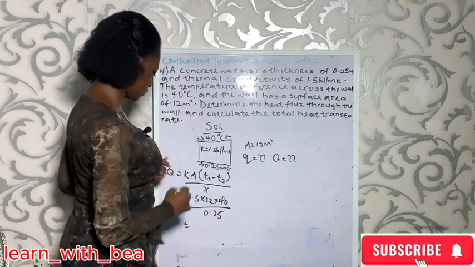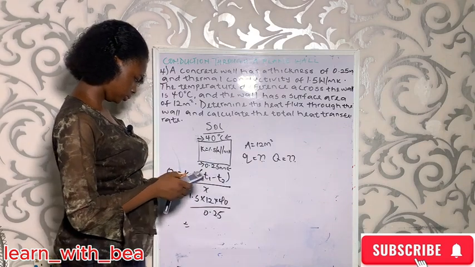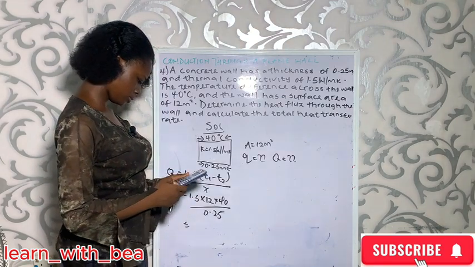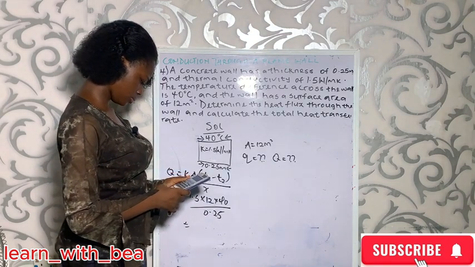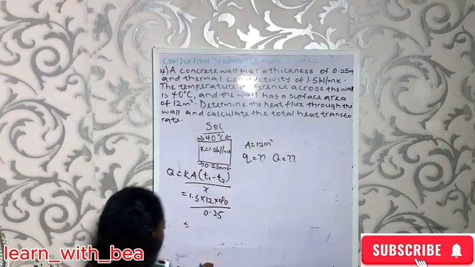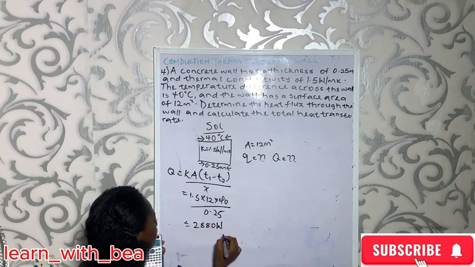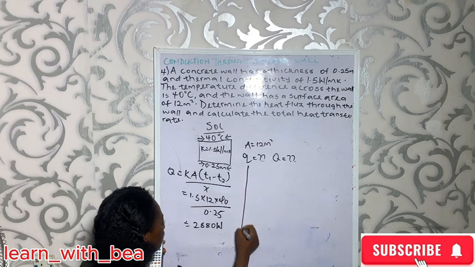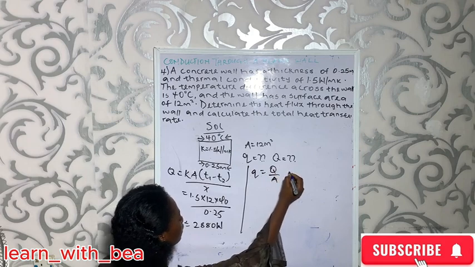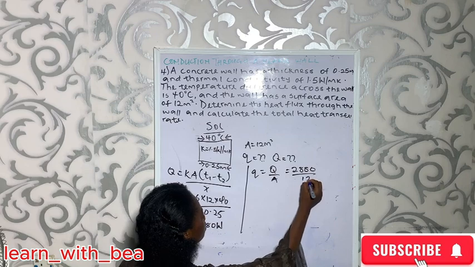This is going to give us 2880 watts. So to calculate our q per unit area, it would be 2880 divided by 12.